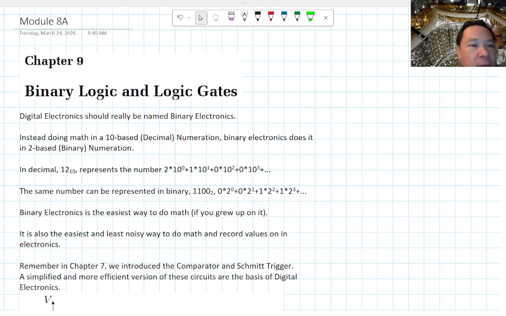Everyone. So today we're going to jump to chapter 9 in the digital electronics part of our class. We're actually skipping chapter 8 and jumping into chapter 9 on binary logic and logic gates.